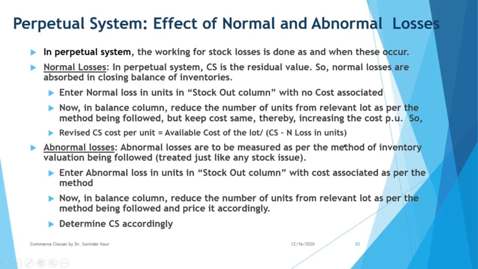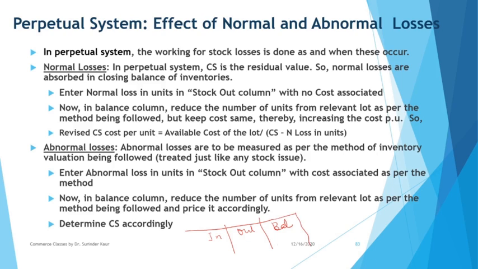Number one, for the normal losses. As we all know, normal losses are not valued, rather they are absorbed in the closing balance of inventories. In the stock ledgers, in case you remember, you have a stock in column, a stock out column, and then a final column of balance.